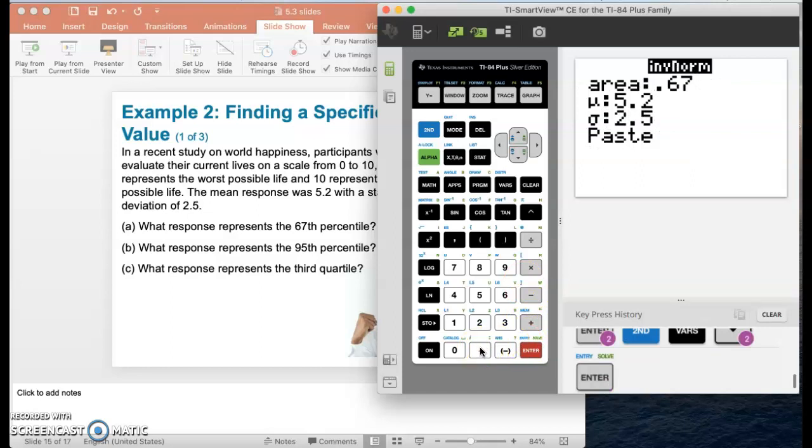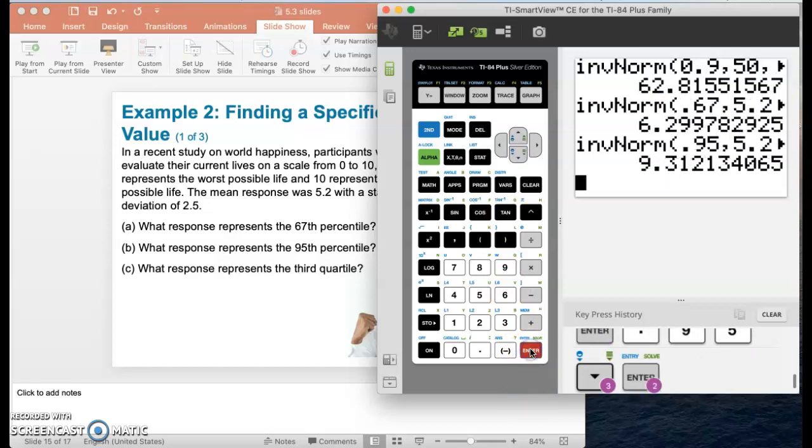And this time I'm going to input from my area 0.95, and then my mean and standard deviation don't change. I'm going to select enter and then enter again. So the response that represents the 95th percentile is approximately 9.31.